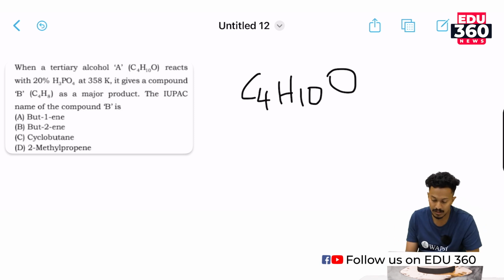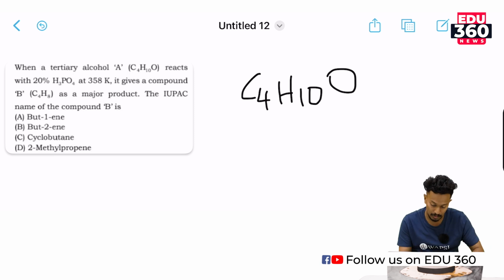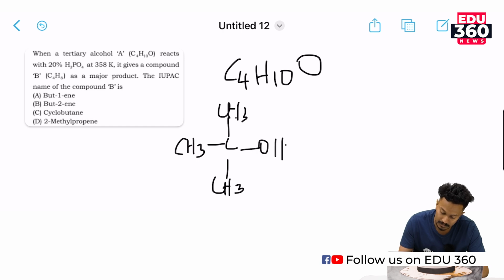Upon that, only alcohols can form alkenes, double bond compounds, in the presence of orthophosphoric acid. So in this question, we should consider an alcohol.